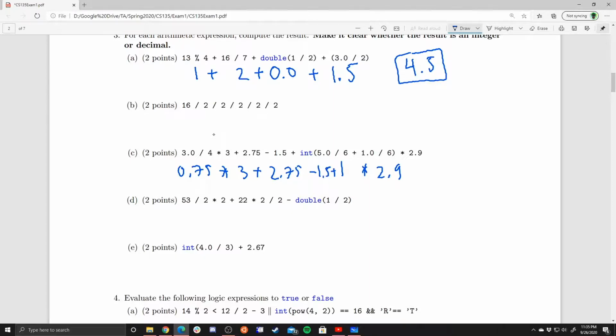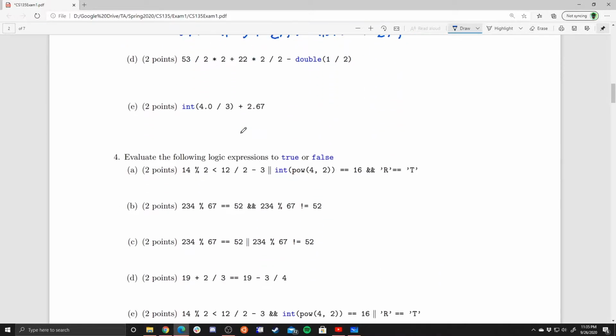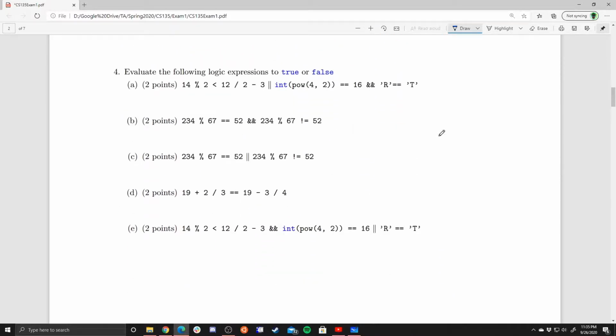And then you can go ahead and work this one out. I don't want to really do this right now, but yeah, you get the idea. It's nothing really too crazy. Just know your order of operations and know how to typecast and make sure your types are all in order.